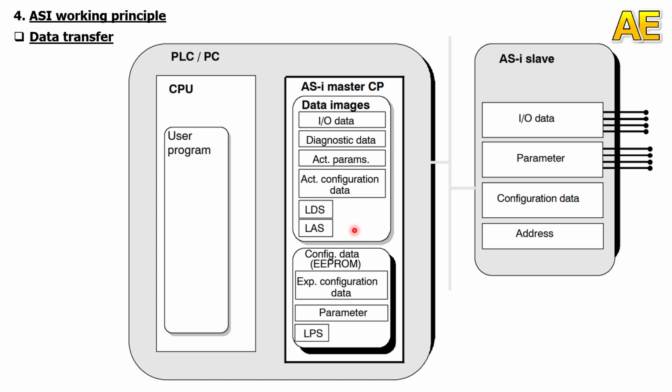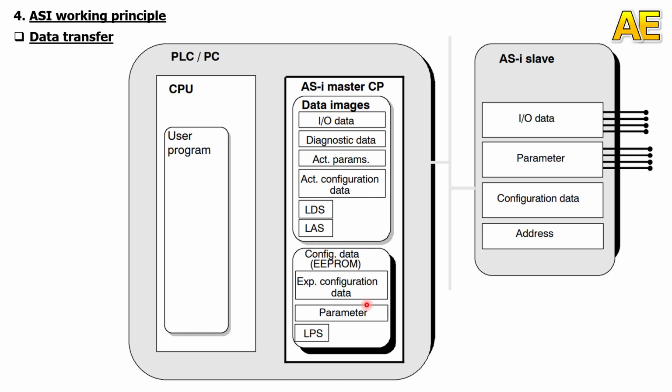And the next data is I/O. This is the process input and output data. Next one we will go to the configuration data here.